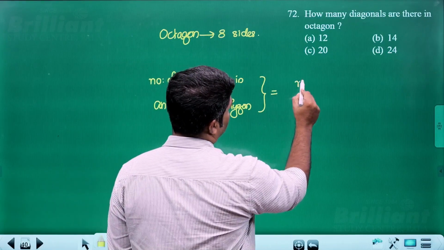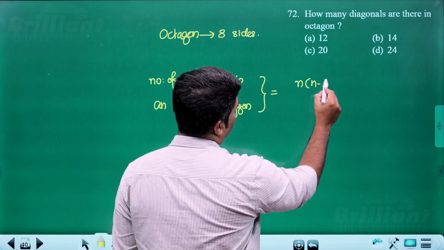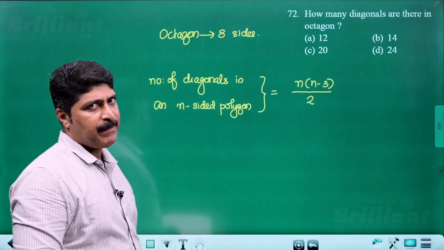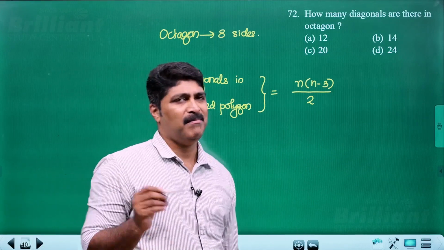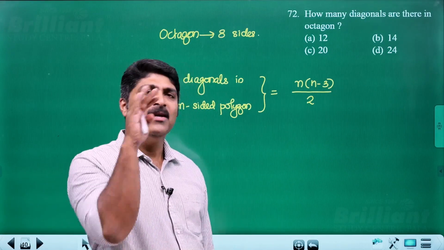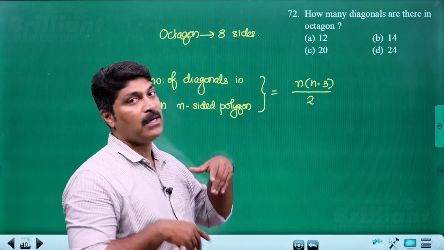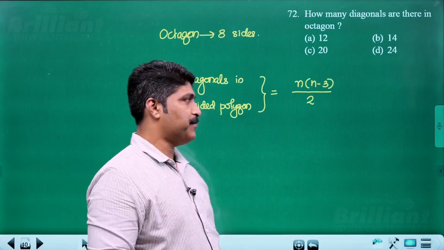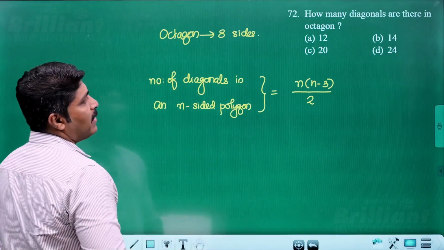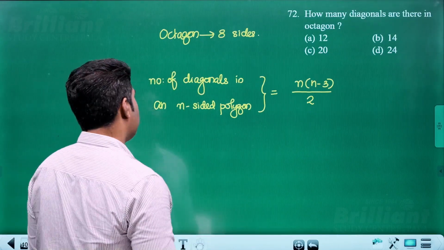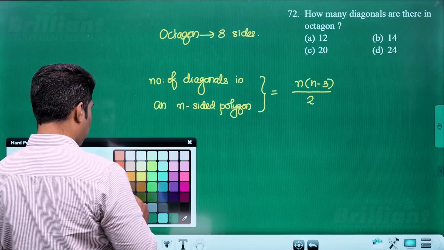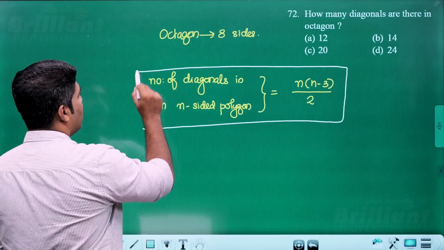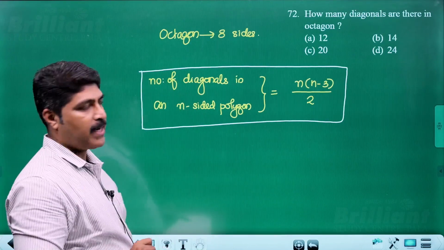This is equal to n into n minus 3 by 2. I'm not going to explain the proof of this result. You just simply think about it. It's a very simple thing. Draw it and think about how this result occurs. So keep it in your mind: n into n minus 3 by 2. This is the important result, the number of diagonals in an n-sided polygon.